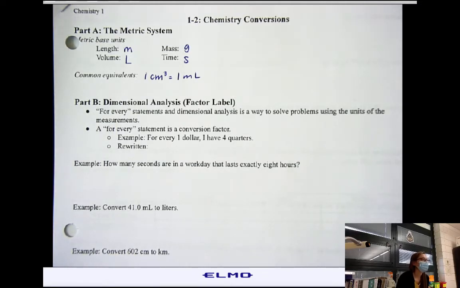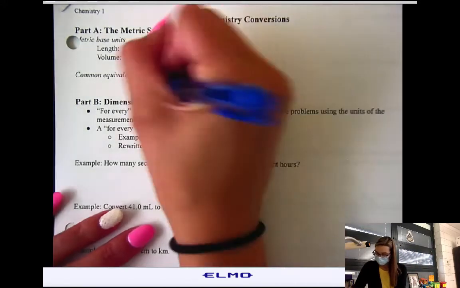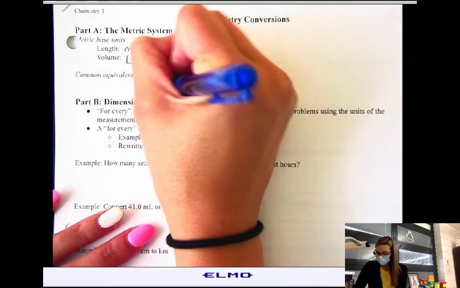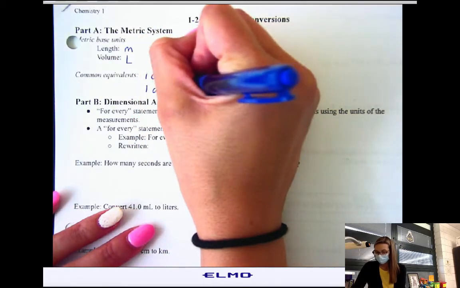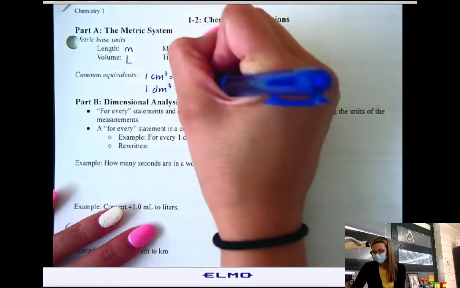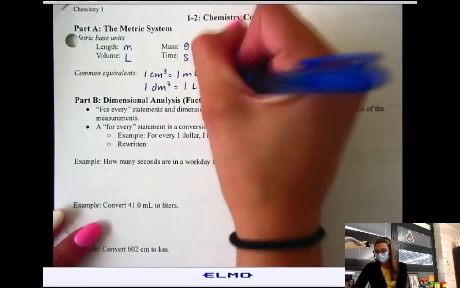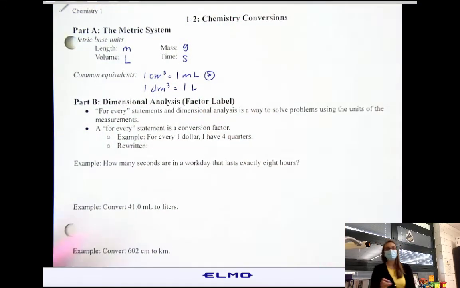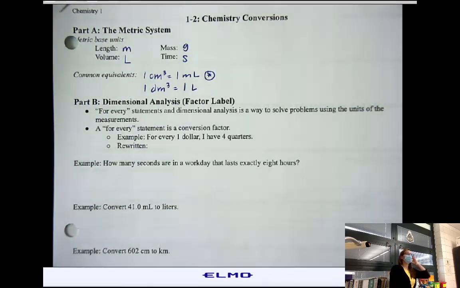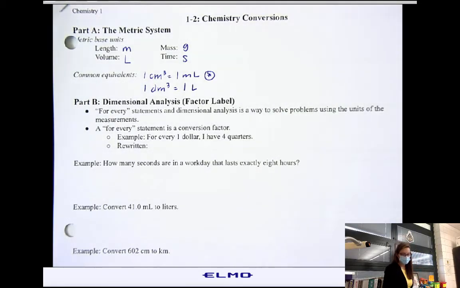They mean the same thing. Another one that we're not going to see as often is a decimeter cubed. So dm cubed is 1 liter. Again, we don't see that one as often. We're going to see the milliliter one a lot because we use milliliters a lot. So these are just some common equivalents that are useful.